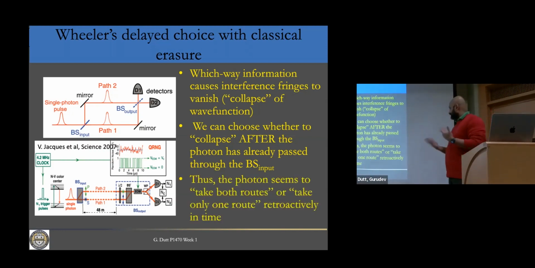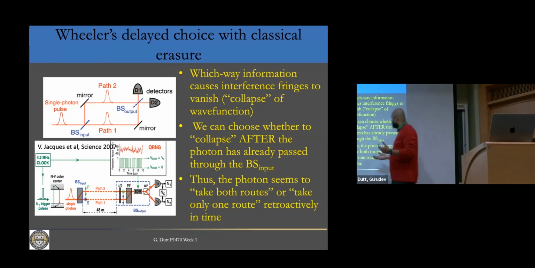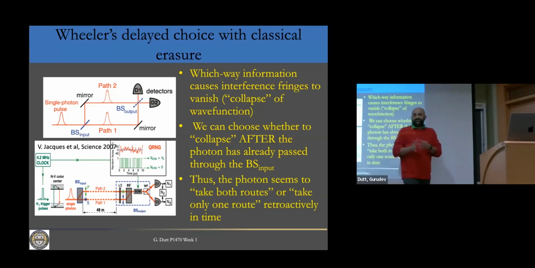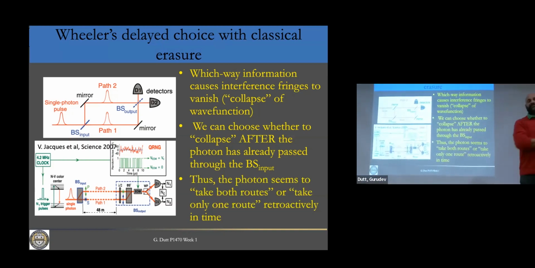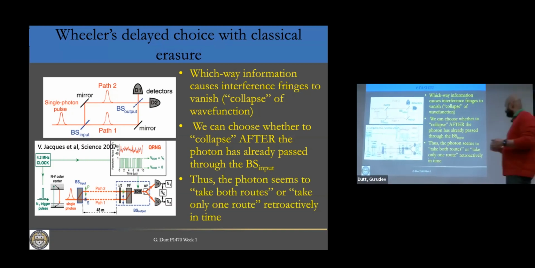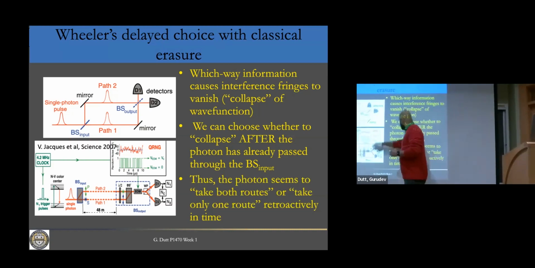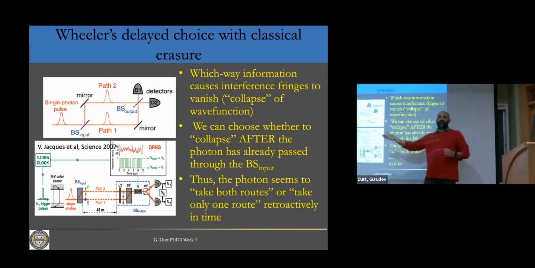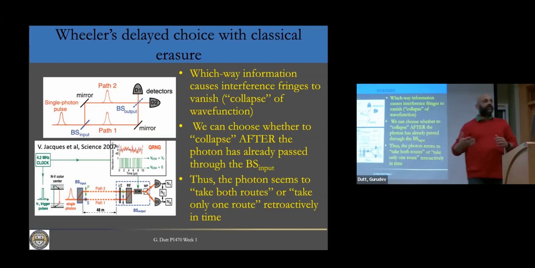And they indeed saw this. So they saw that if they made the choice, and of course the choice was made randomly, so that even the experimenters didn't have any control of when the beam splitter goes in and out. So that, truly, there's no way that the experimenter could have somehow gone back and adjusted the interference pattern of the photon. Then they found that indeed interference will just either appear or disappear depending on whether the beam splitter has been put in or out.